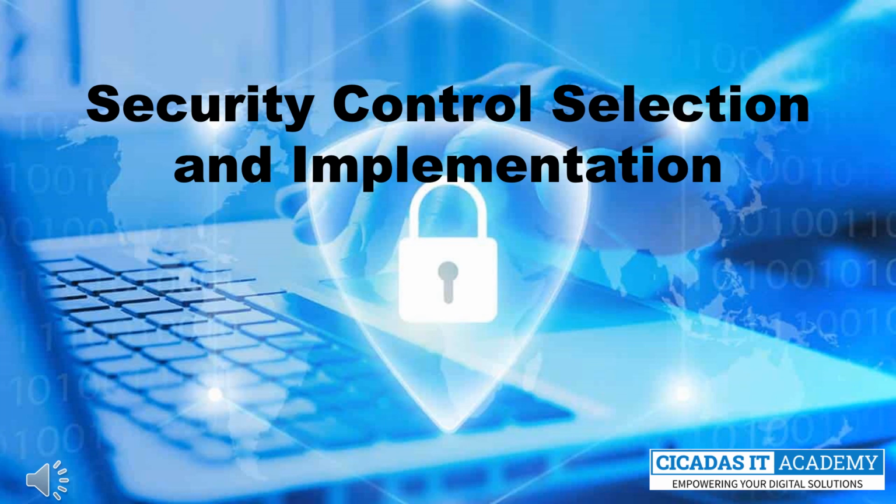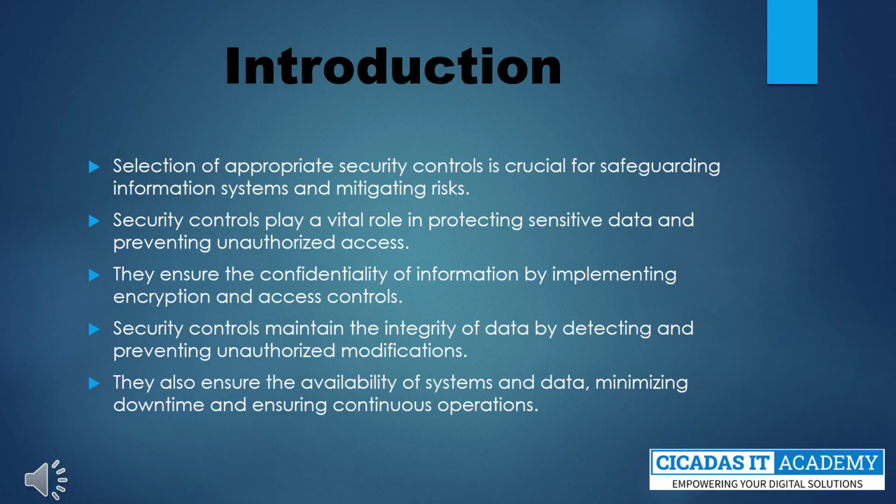Through careful selection and proper implementation, organizations can strengthen their security posture, safeguard sensitive data, and mitigate the impact of potential cyber threats. In today's digital landscape, organizations face ever-increasing cybersecurity challenges. To effectively protect sensitive data and systems, it is crucial to have a comprehensive understanding of security control selection and implementation.